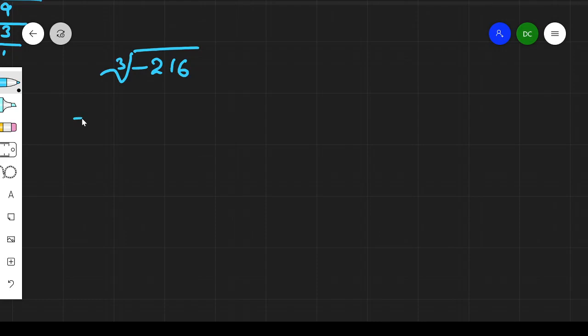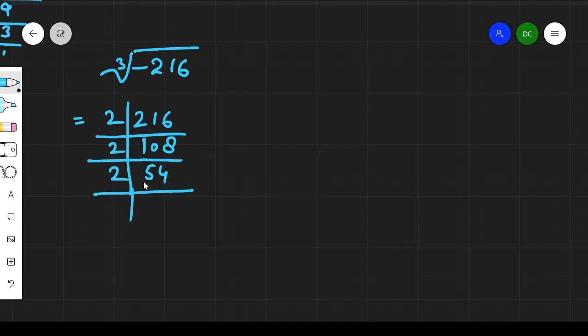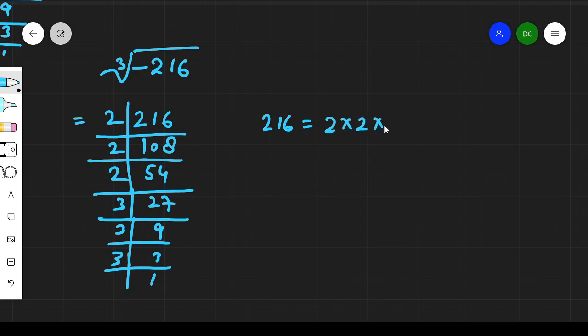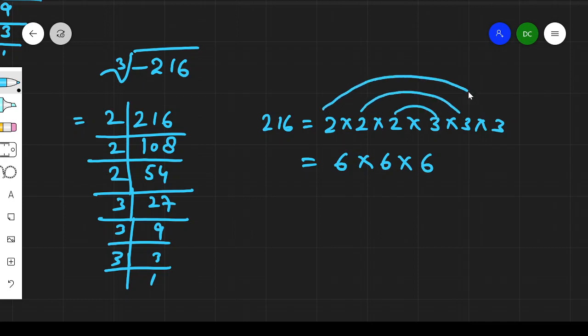So, 216, as you all know, is 2 multiplied by 2 multiplied by 2, and 3 multiplied by 3 multiplied by 3. That means simply we can write 6 multiplied by 6 multiplied by 6 also. 2 3s are 6, 2 3s are 6, 2 3s are 6.